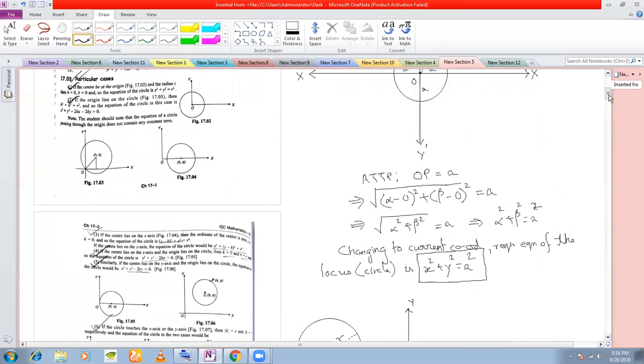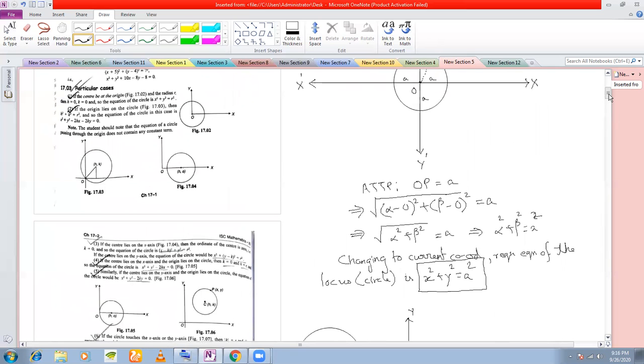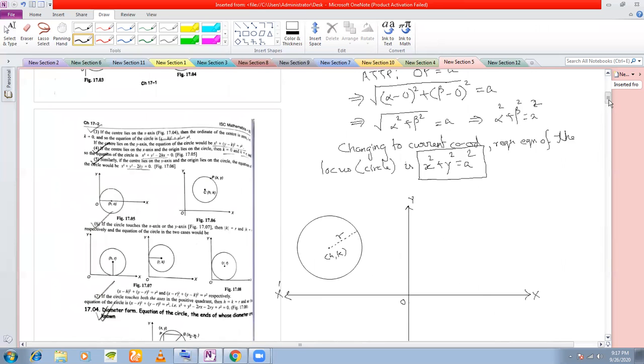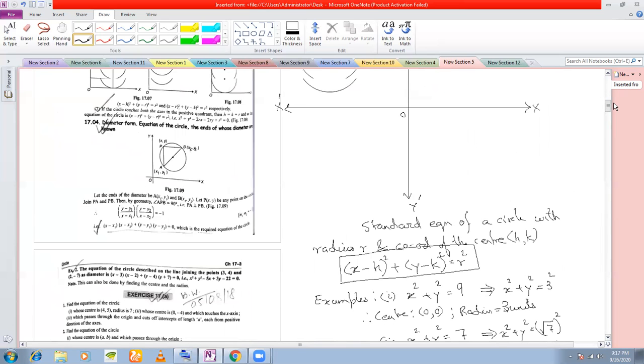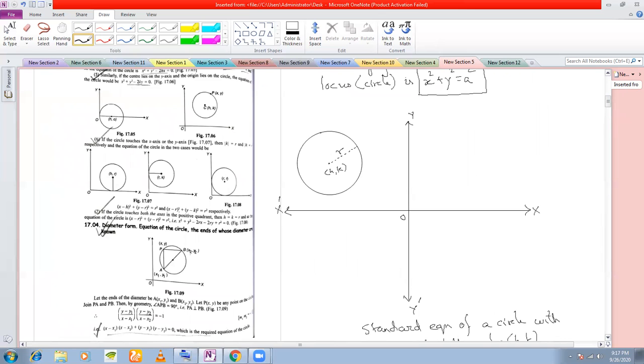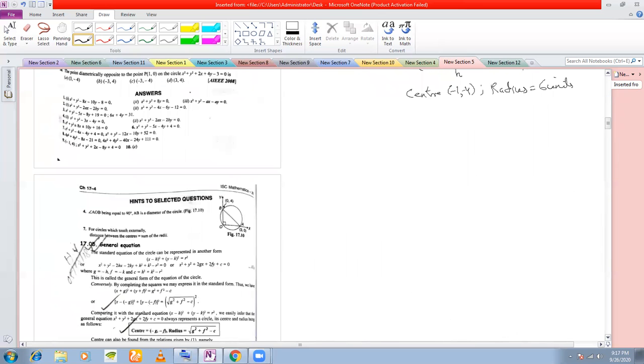The first case is: if the origin lies on the circle, then what happens? Suppose the origin lies somewhere over here on the circle. I'm not drawing the coordinate axes.